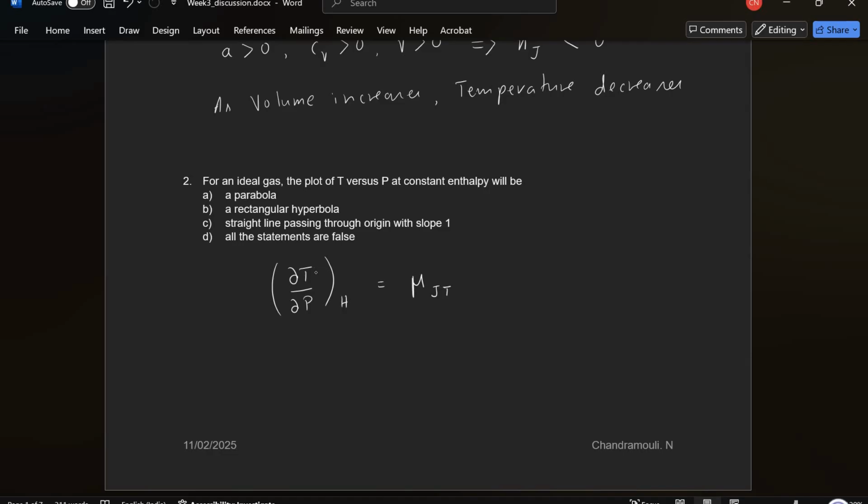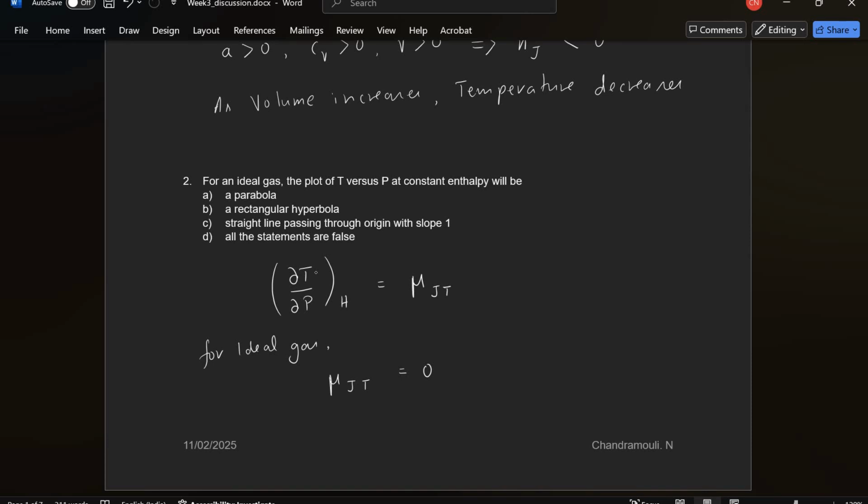So for ideal gas, the Joule-Thomson coefficient is going to be again 0, similar to Joule's coefficient.